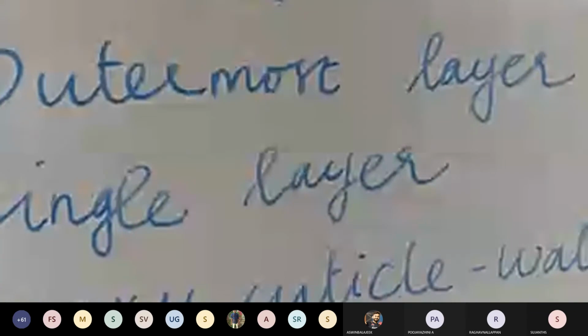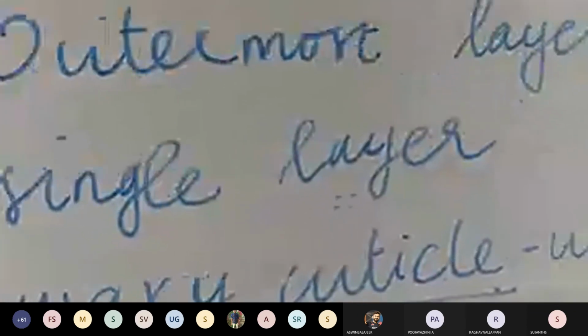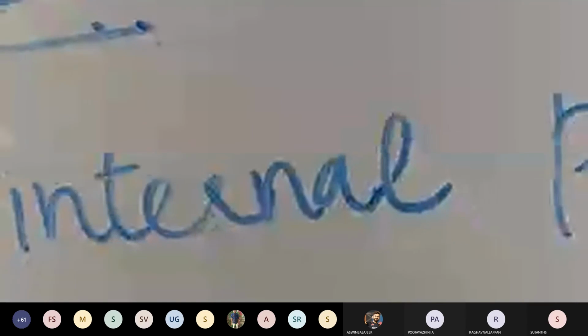It is made up of a special substance called cutin. Can you understand? Desert plants have the waxy cuticle, the name of which is cutin.